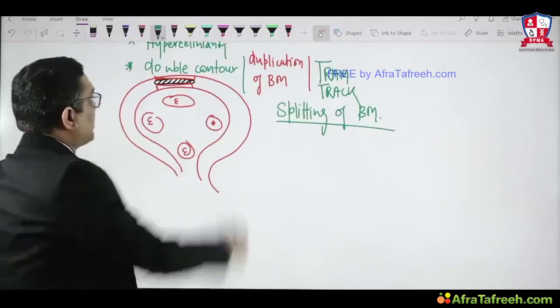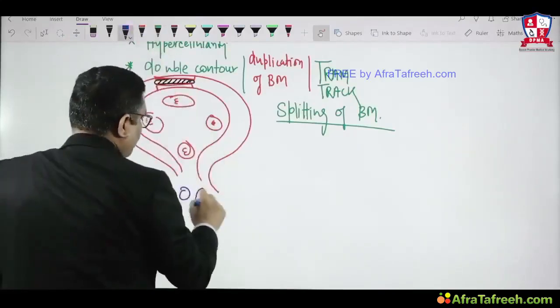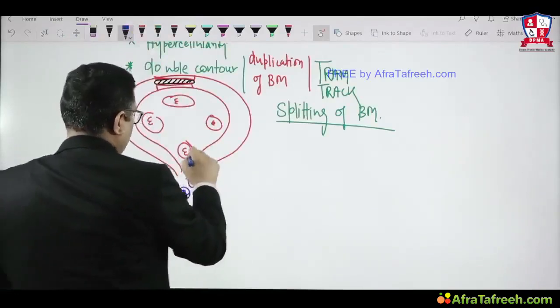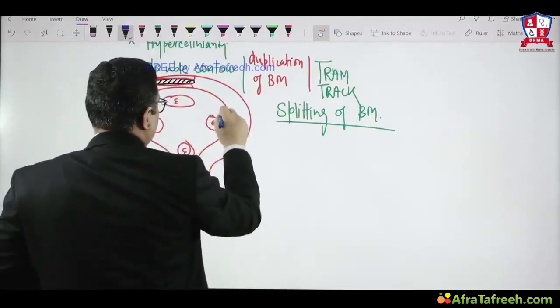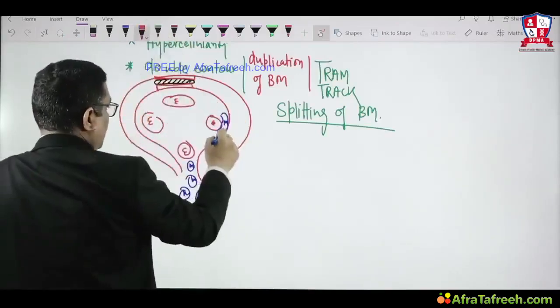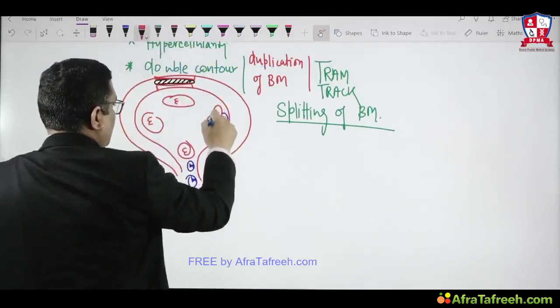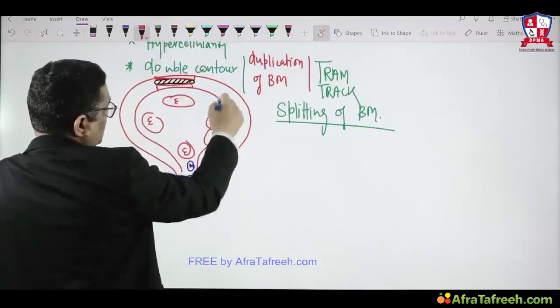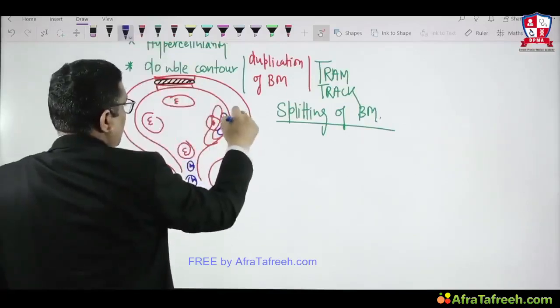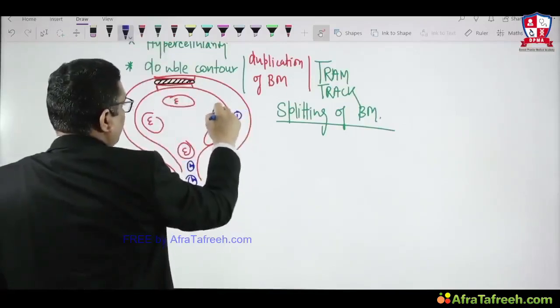Sometimes what happens, mesangial cells will be coming inside because of mesangial cell proliferation, and they will be having interposition here in between the basement membrane, and basement membrane will be getting formed along with this. So there will be basement membrane like this. So this is also the reason we will feel like there is one basement membrane layer and there is another basement membrane formation.